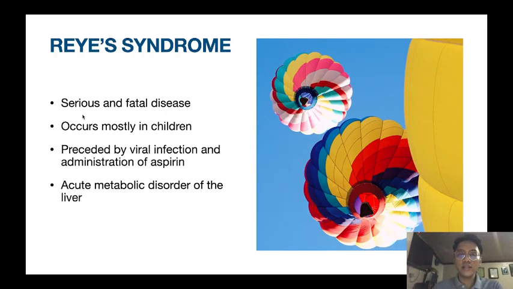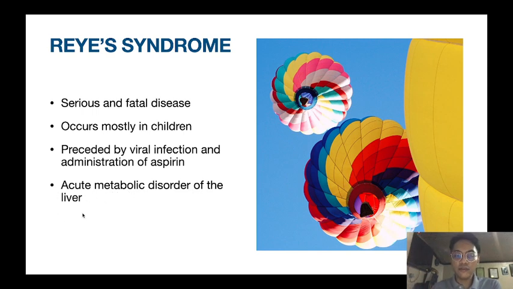So, this is a serious and fatal disease and occurs mostly in children. So, kapag Reye's syndrome, guys, it is preceded by a viral infection. So, 'di ba, when I ask you, kunyari, the 2-year-old child had measles infection and then he was given aspirin. So, you can think of Reye's syndrome kasi yung viral infection and aspirin will damage the liver of the child.